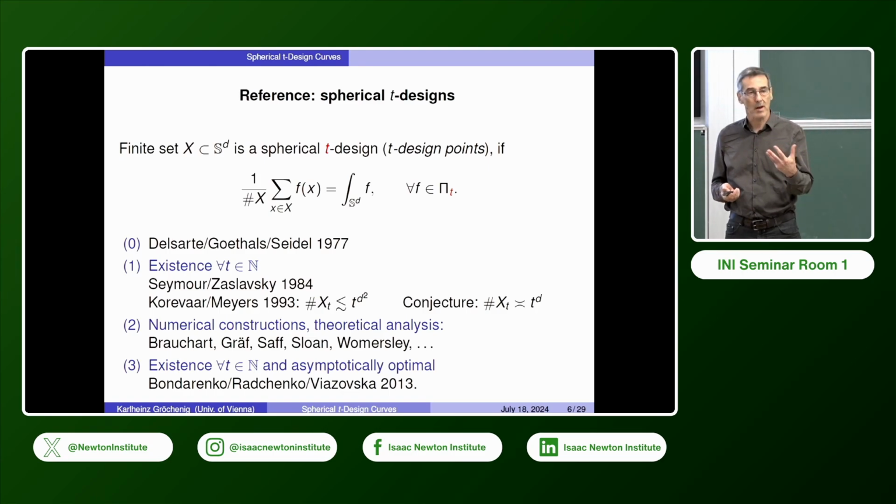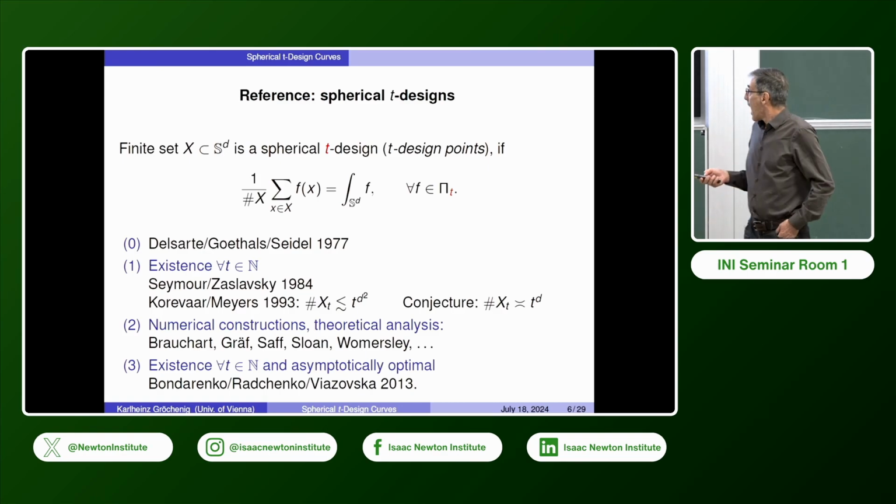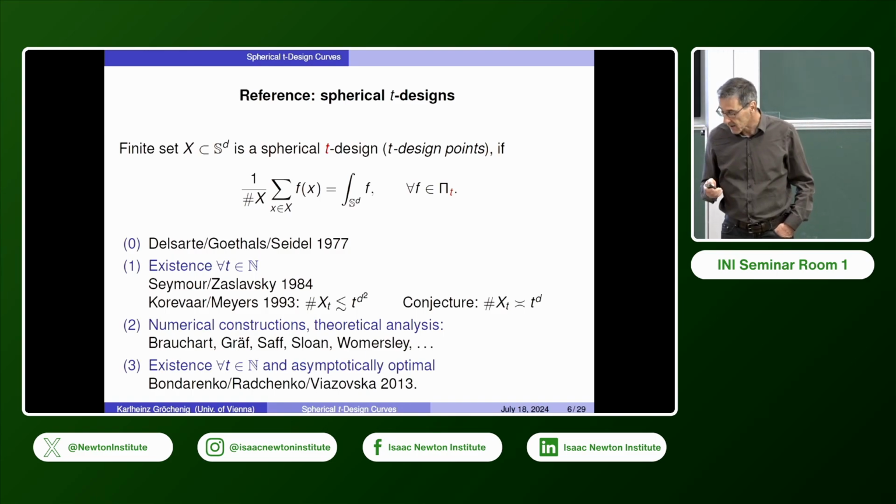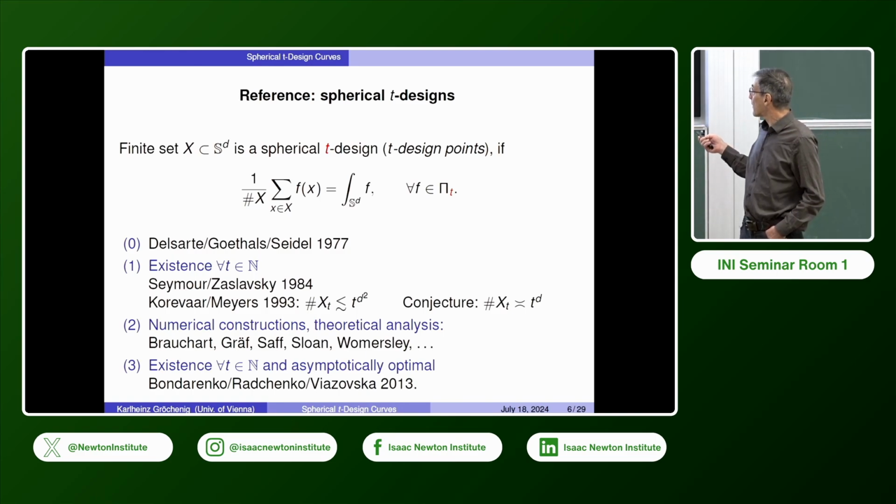In that case, you deal with a set of points, and so a finite set would be a spherical t-design, or I would say t-design points, if the averaged function value coincides with the integral over the sphere for all polynomials of degree t.